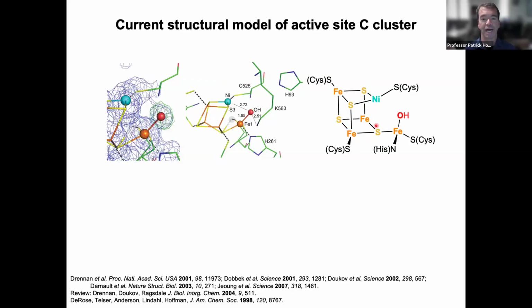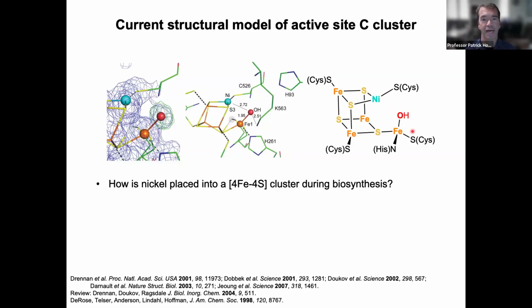And really what jumps out to us is this unusual nickel site that, to me as a coordination chemist and organometallic chemist, looks really strange. And it makes me start thinking about fundamental questions. One is, how do you get a nickel into an iron sulfur cluster?